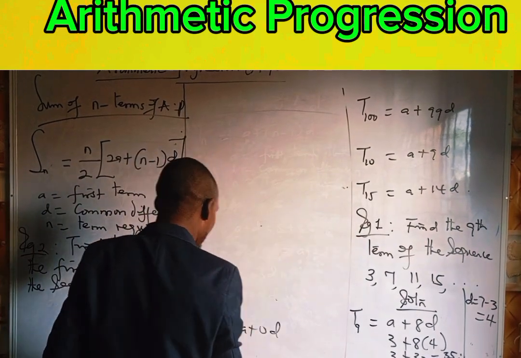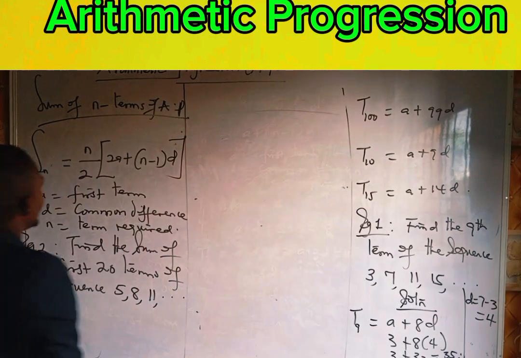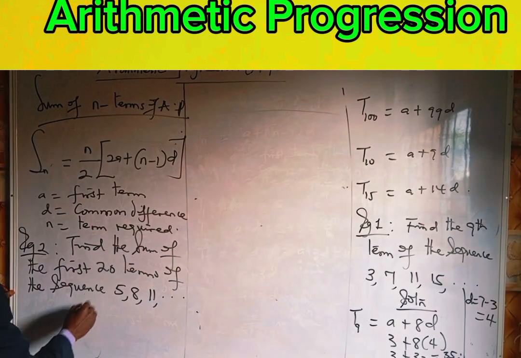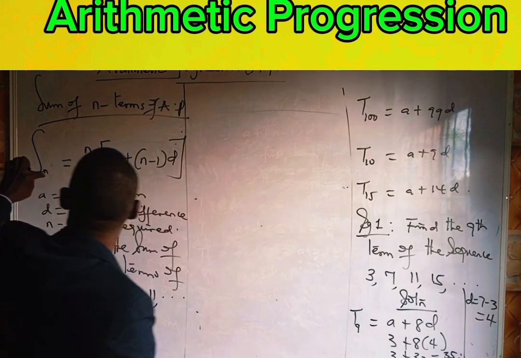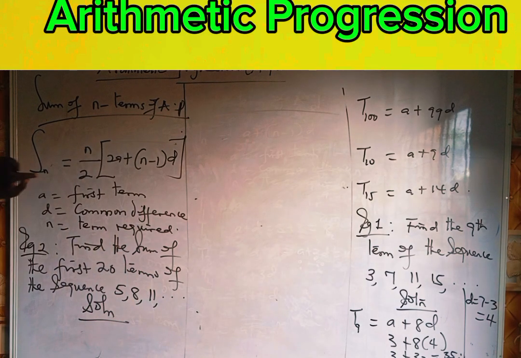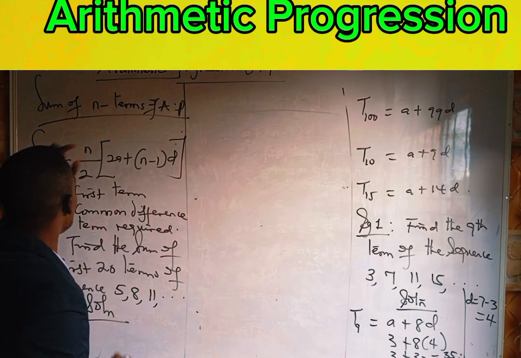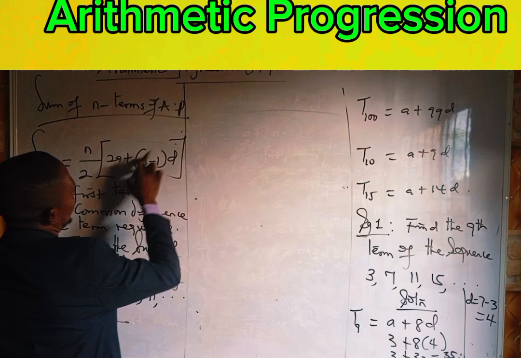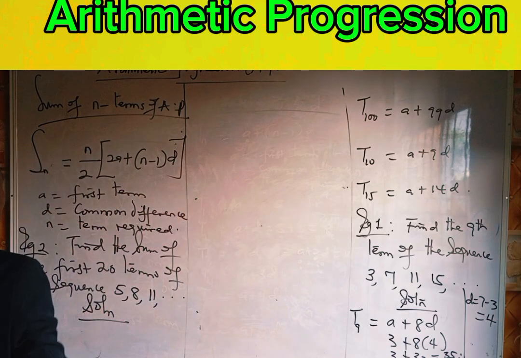The first thing is, okay, what is the formula? The formula is already here. S subscript n equals what? n over 2 square bracket 2a plus open bracket n minus 1 close bracket d. Next thing is, what is my n?